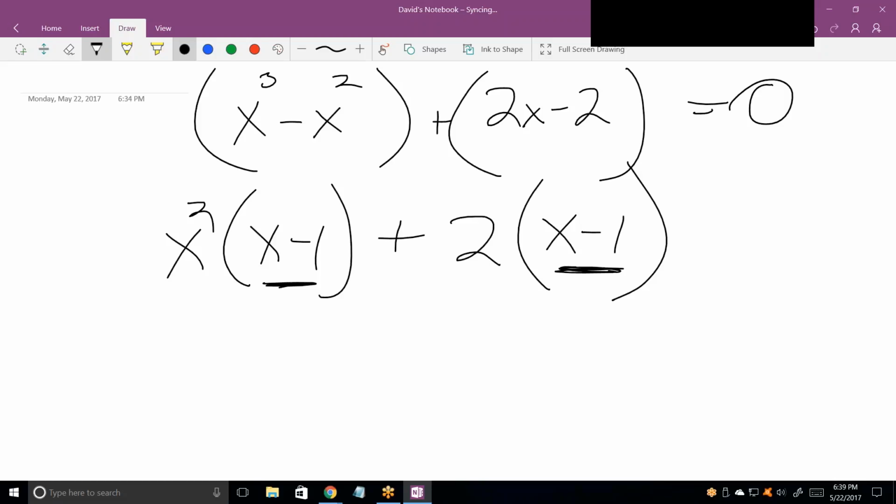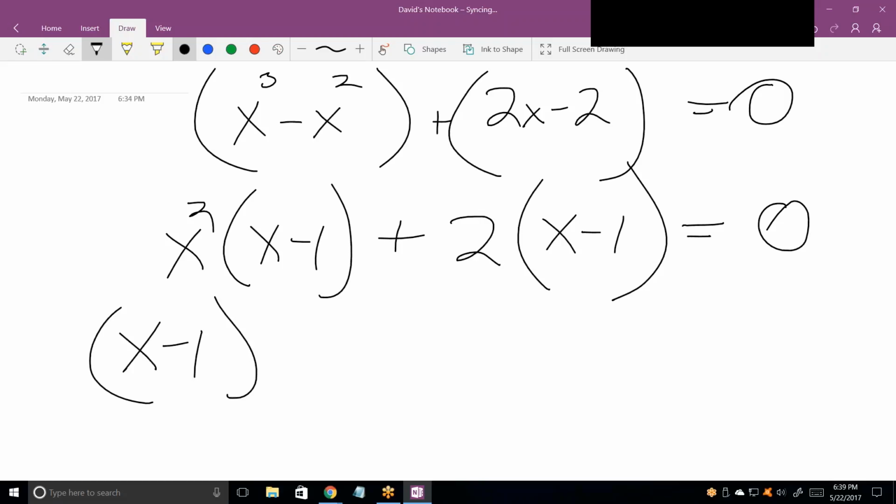If they are not the same, you've made a mistake. Trust me. Now, take the greatest common factor out of that expression. What do you get? Still a factoring problem. What can you factor out of that? x minus 1 times x squared plus 2. Exactly. And there's your answer.